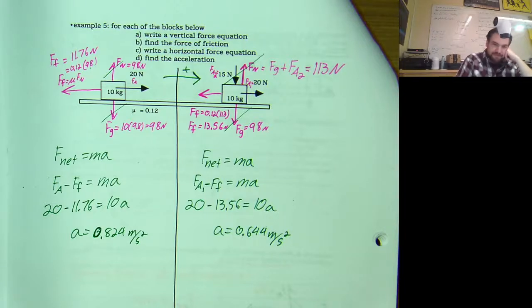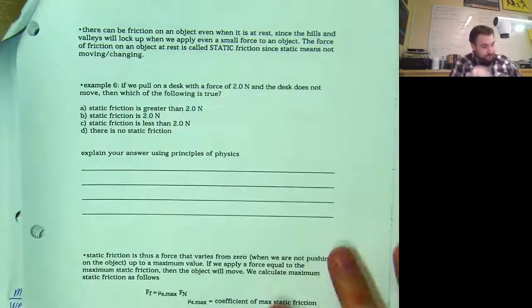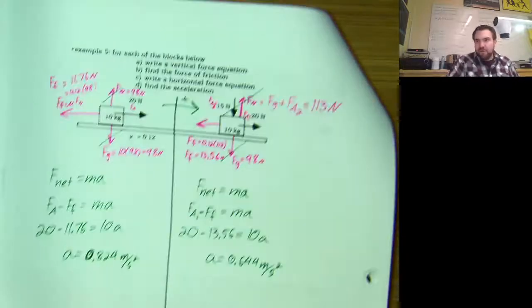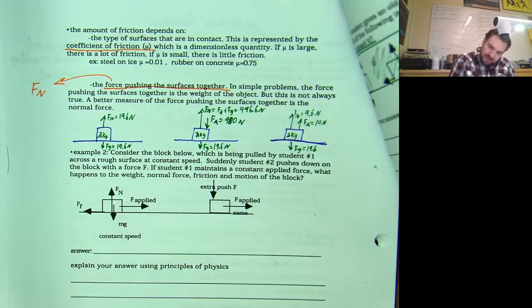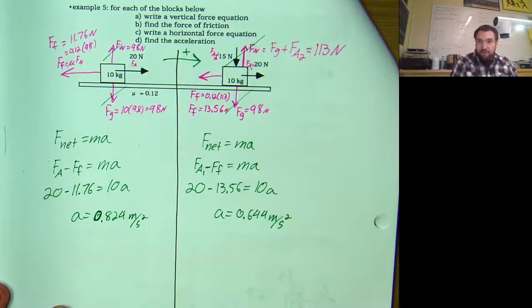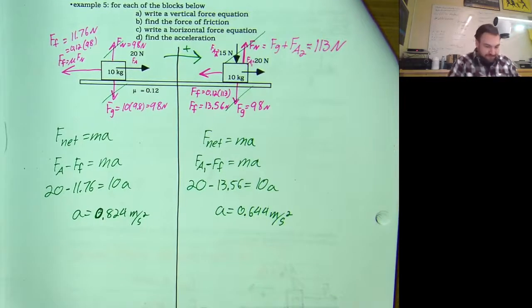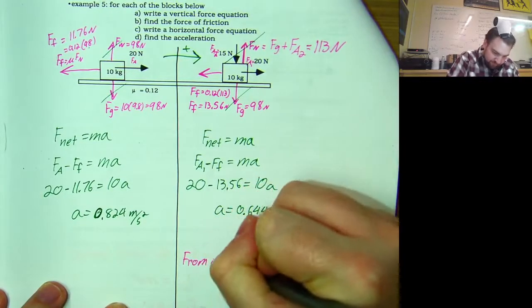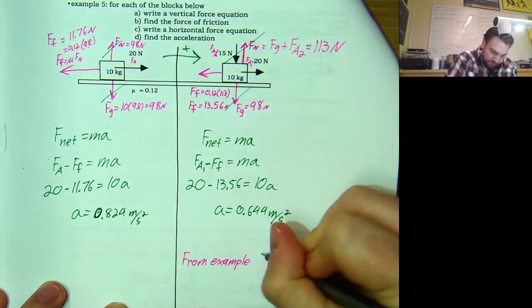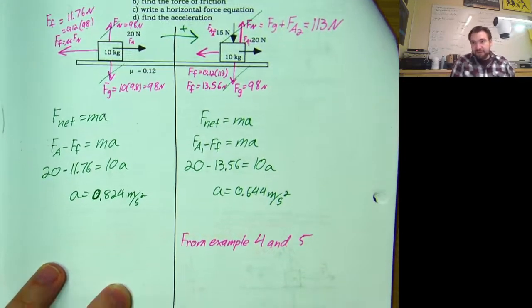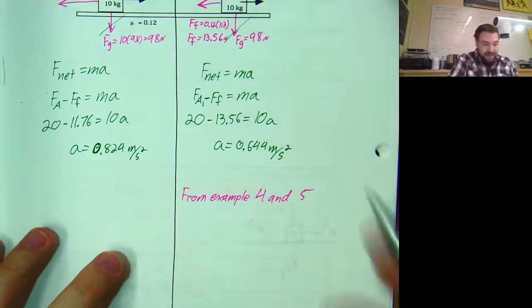Yeah, there you go. Flip the page. Oh, actually, no. Go back. Don't flip the page. I want to make some notes here from example 4 and 5, some results that are really practical and kind of important.